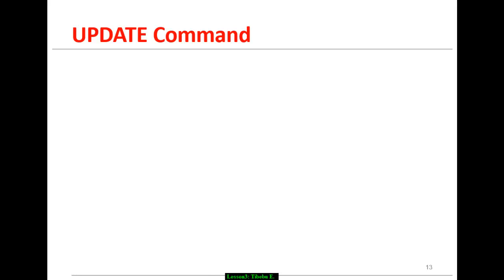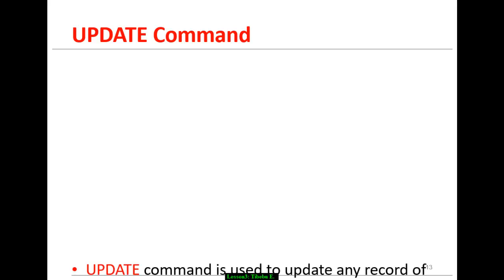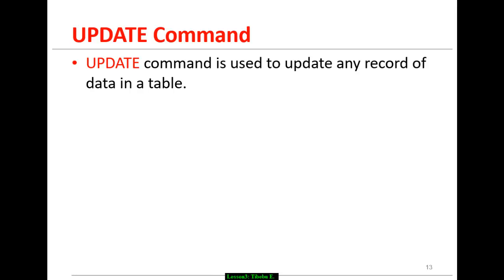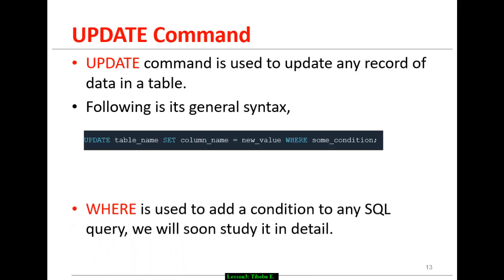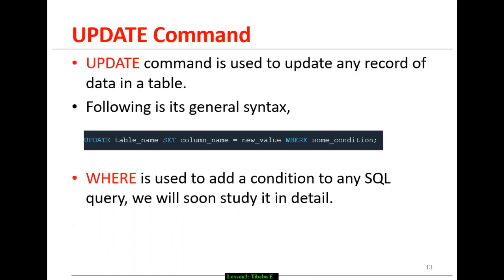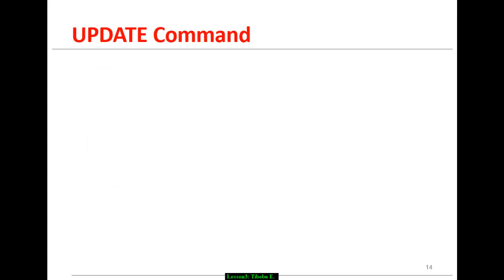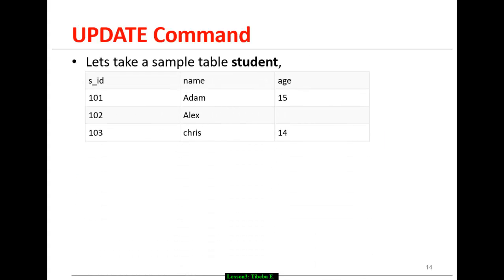Moving to the second DML command, the update command. Update command is used to update a record of data in a table. Following is its general syntax. Where is used to add a condition to any SQL query; we will soon study it in detail. Let us take a sample table student.